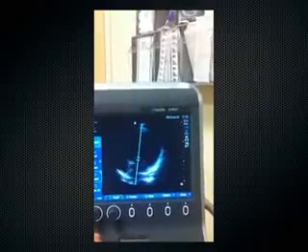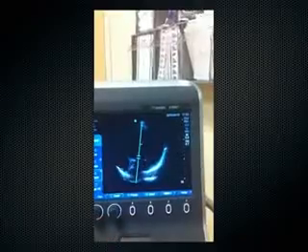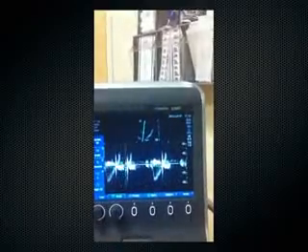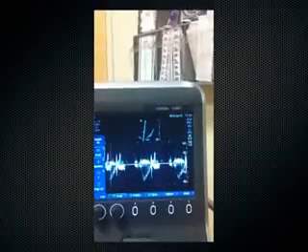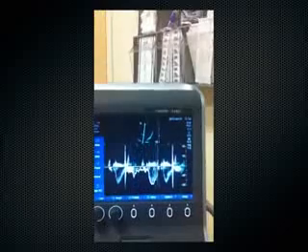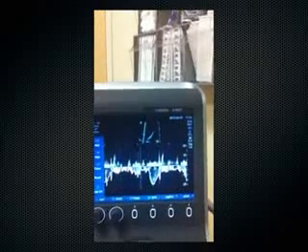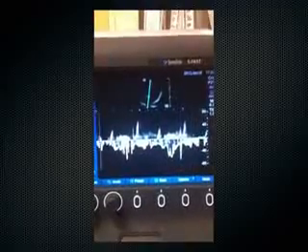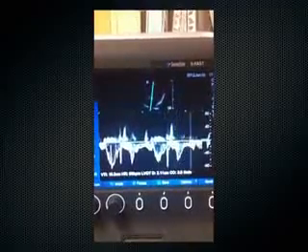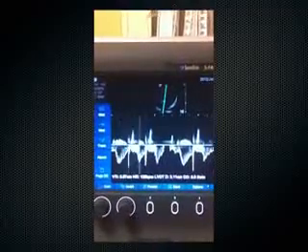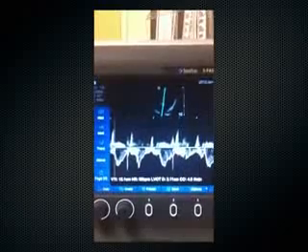It's good. And we'll hit that again. Page 2. Trace. Let's do a retake of that.